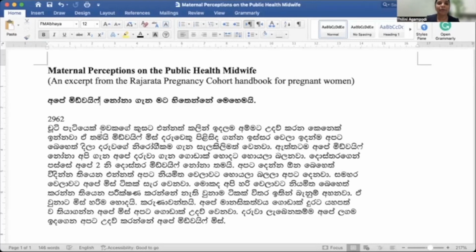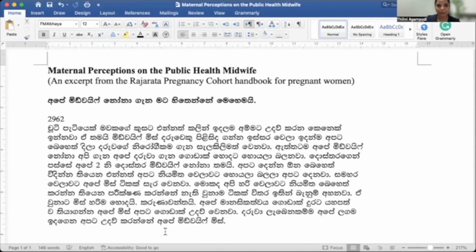And we want to know what the mothers perceive of their midwife. So we entered this and left a space. "What I think about our midwife madam is like this." So this is one of the mothers' descriptions about the midwife.